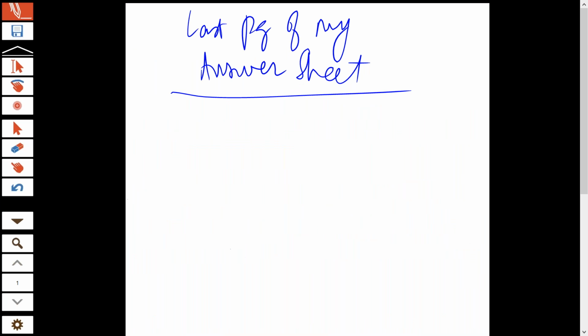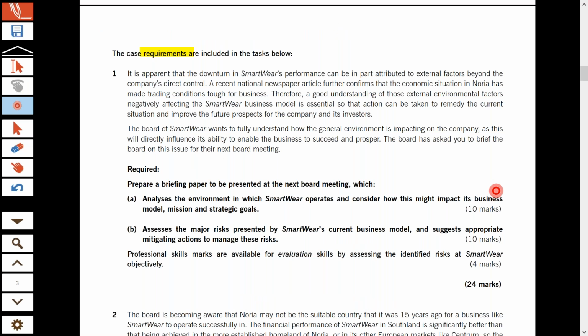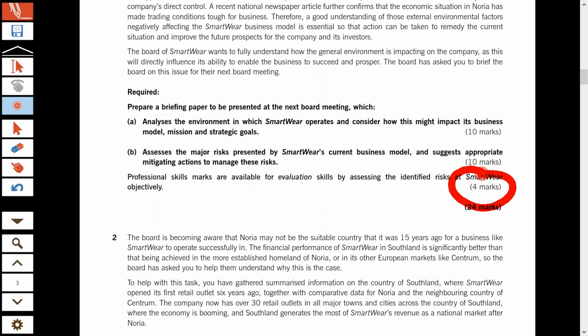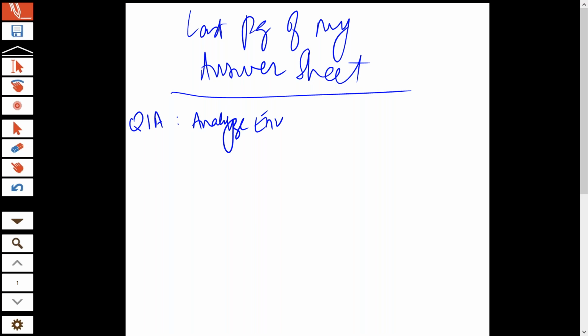You will say question 1A, analyze environment. How many marks? Now listen, look very carefully. 10 marks. Is there any professional marks for this one? No, for this part there is no professional marks, there is a professional marks, but it's for this one. So 10 marks. So you just write. And then you will say question 1B.